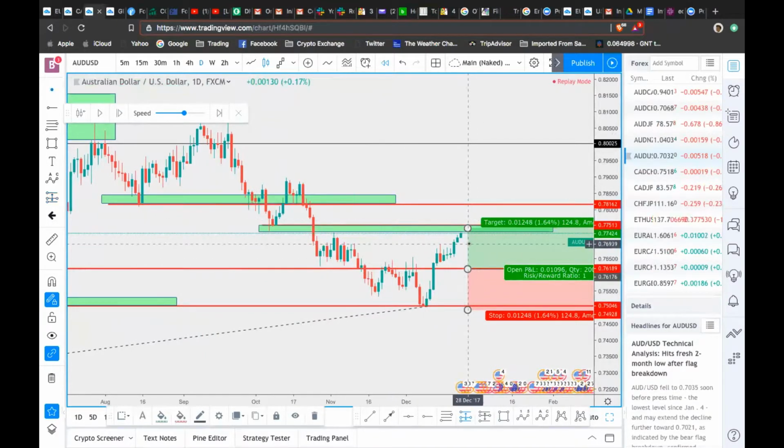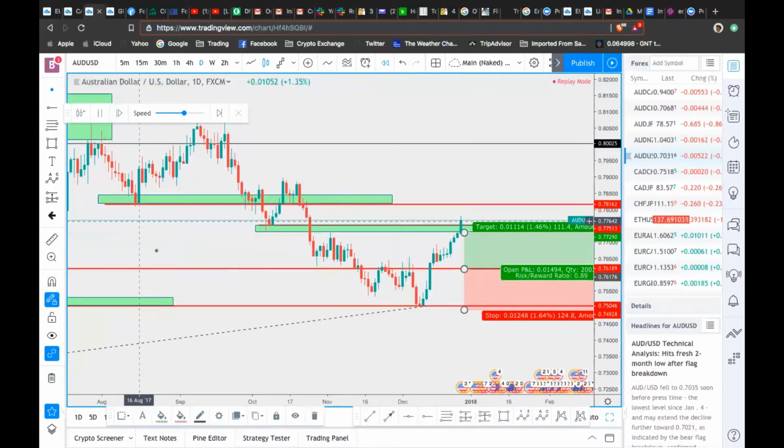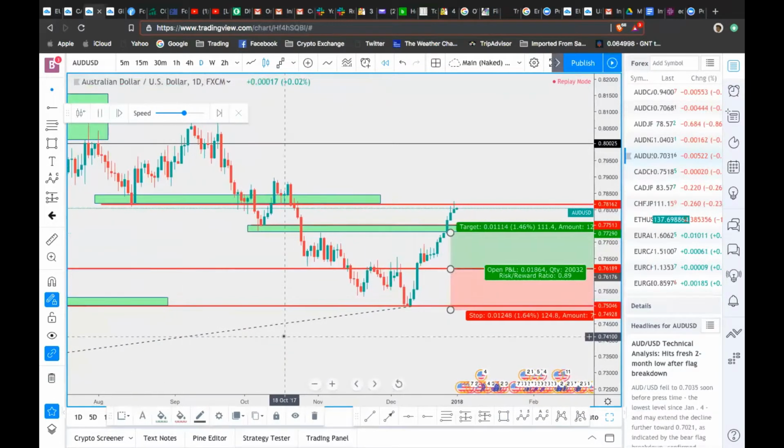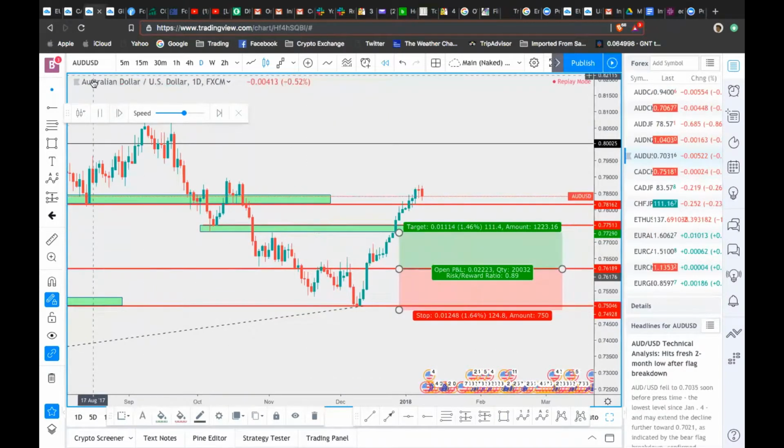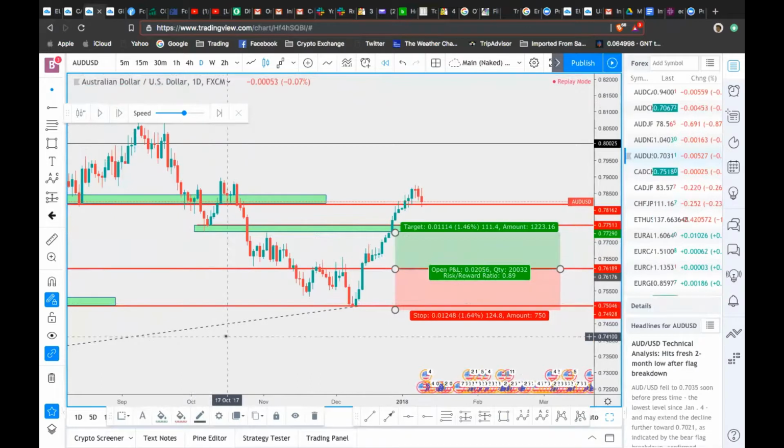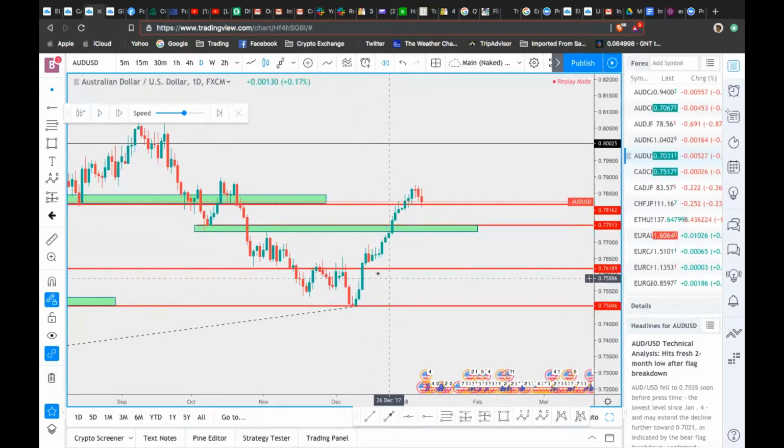Retest. So now we can place our marker, take it back down to the highs, which is right here. Let's see what happens if we get the retest. Price kept shooting, so we never got the retest. But look, we got the break of this high now. So now we know this could get down here, could get retested, but now we get the break of this level right here.